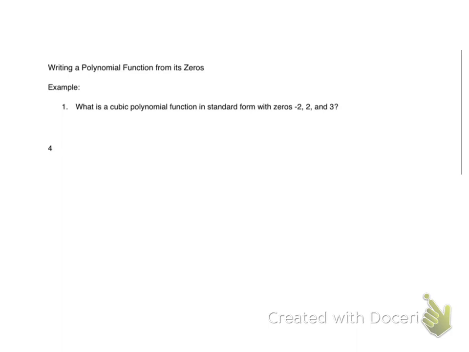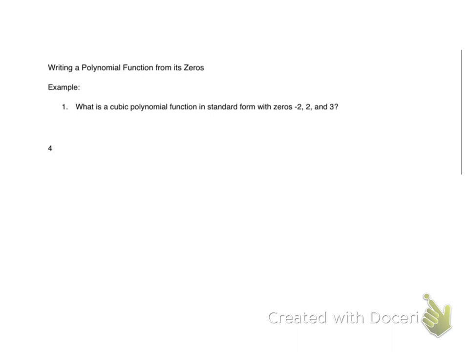Writing a polynomial function from its zeros. I think this is pretty cool. So it says, what is a cubic polynomial function in standard form with zeros -2, 2, and 3? So I've already taught you how to find the zeros from the factored form. Now we're going to go backwards.